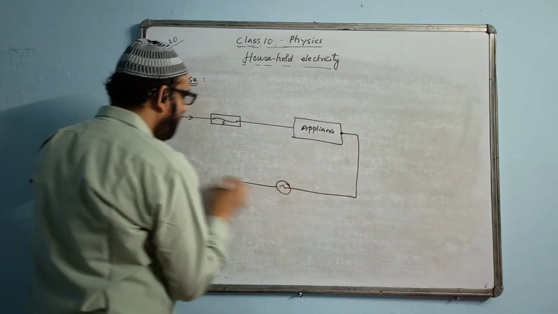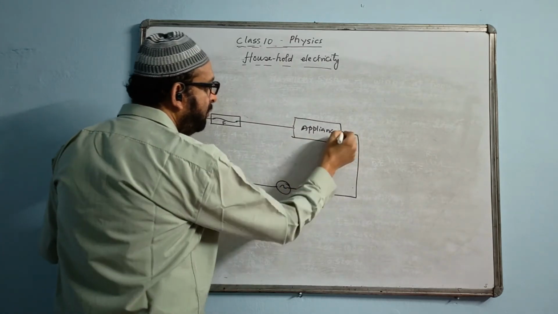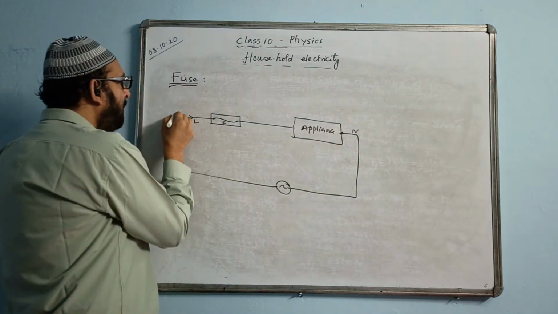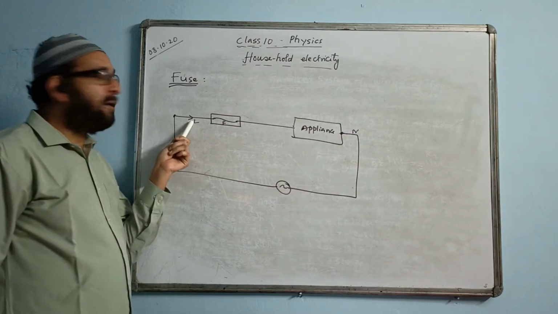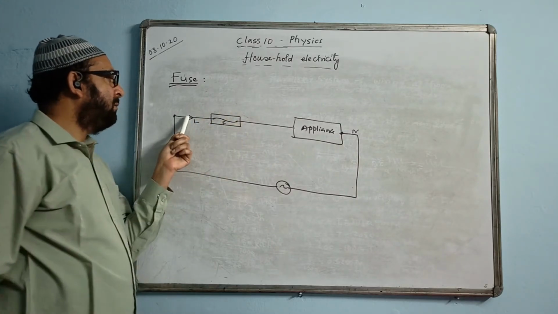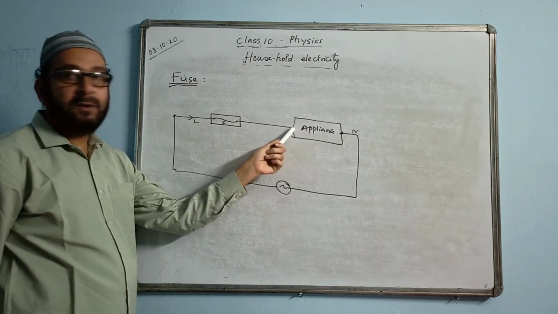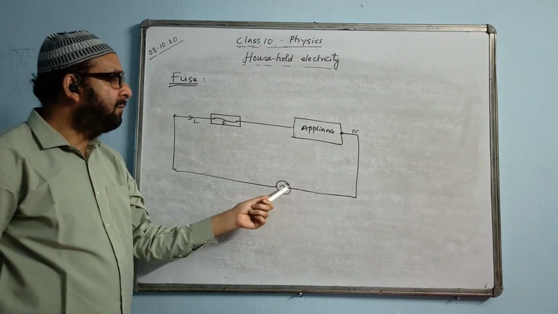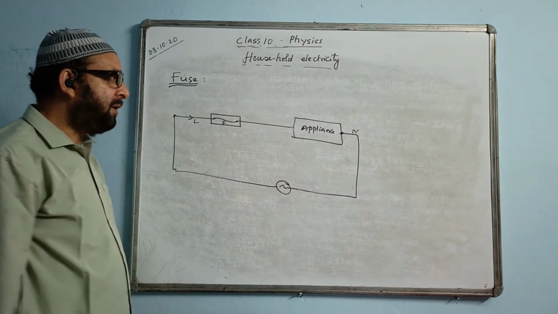This is the neutral wire, and this is the live wire. The fuse is connected to the live wire only. Both input and output are the live wire only. From here to here, the live wire current will reach the appliance, and through the other side, the current will return back to the source from where it is coming.